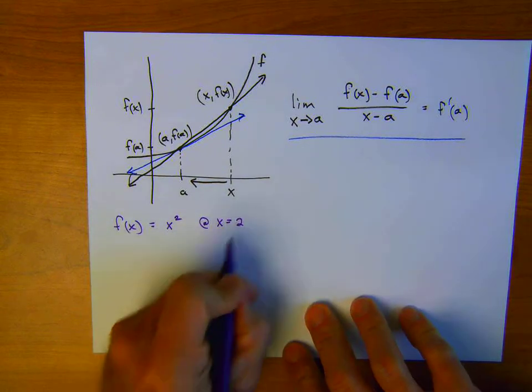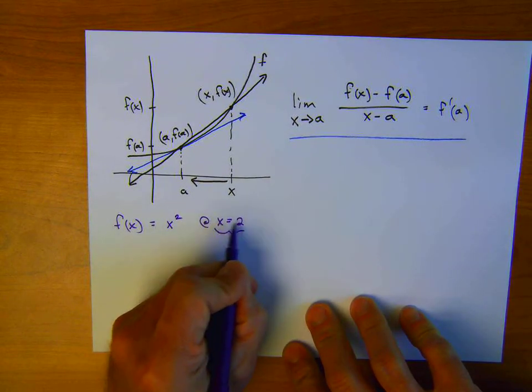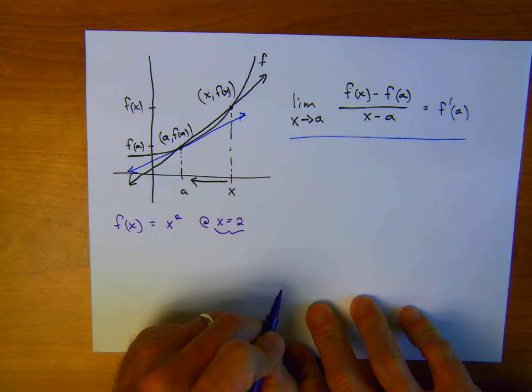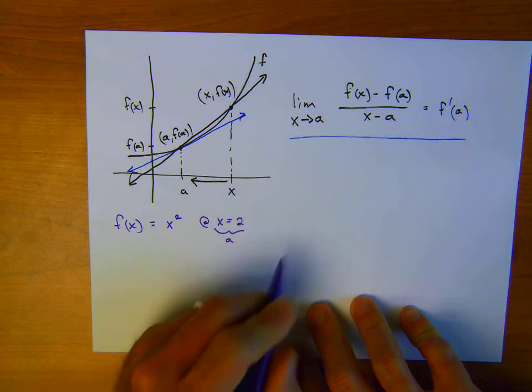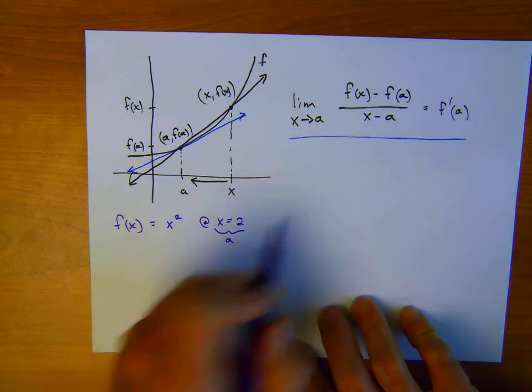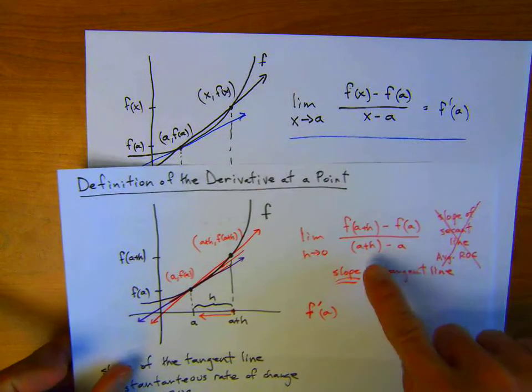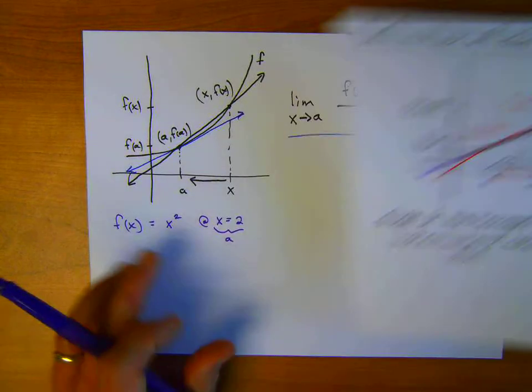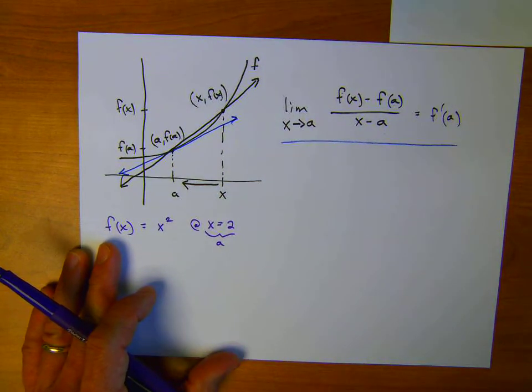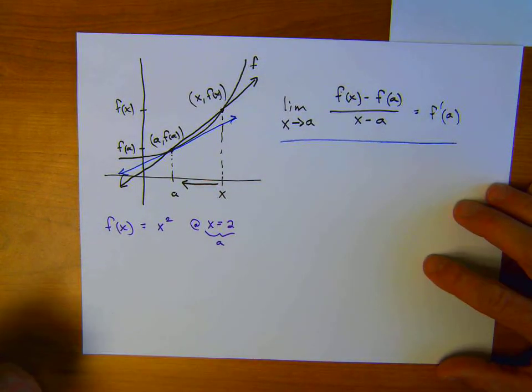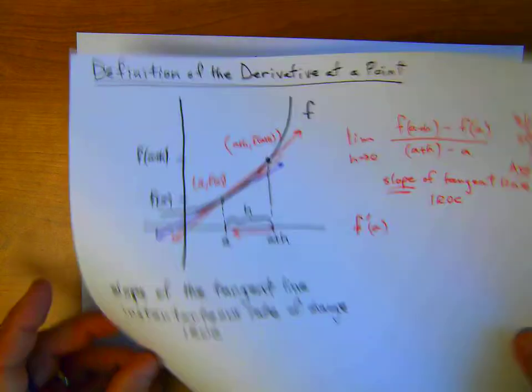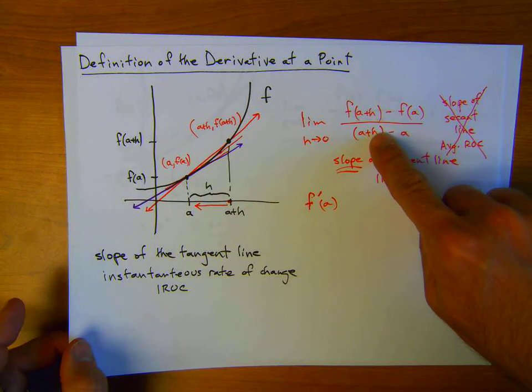When we give x a specific value, that is our a in these formulas. I'm going to show you how to do this using both formulas, just so we can see that what we end up with is indeed equivalent. So let's use this one first.